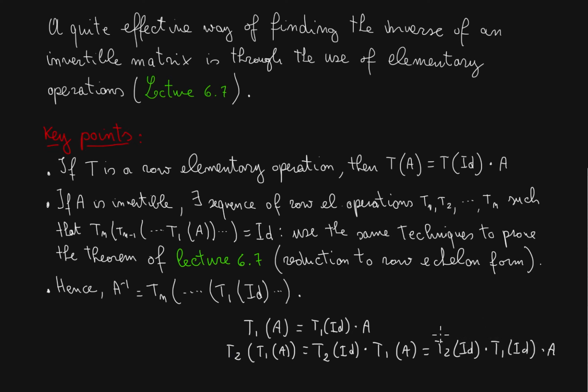Now if we concentrate on this multiplication, we simply see that, always because of point 1, this is T2 applied to T1 applied to the identity matrix.